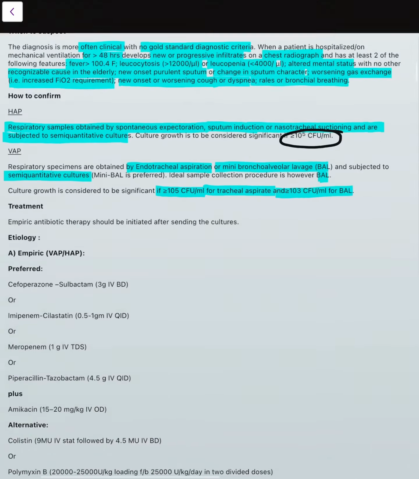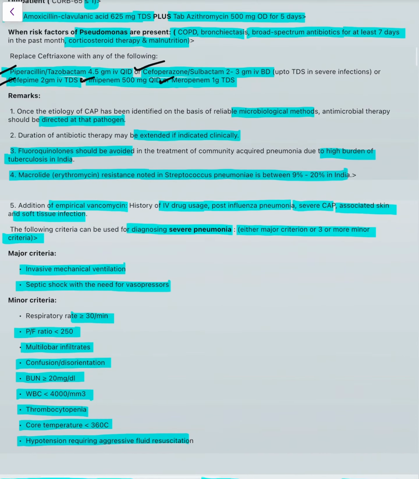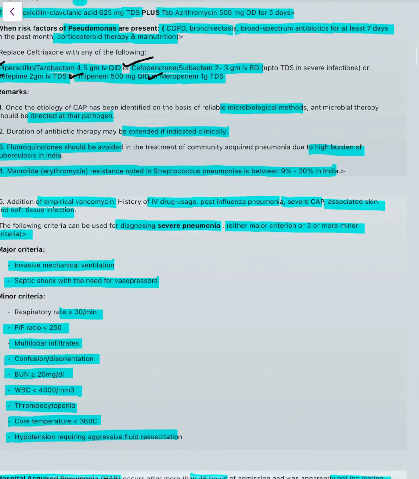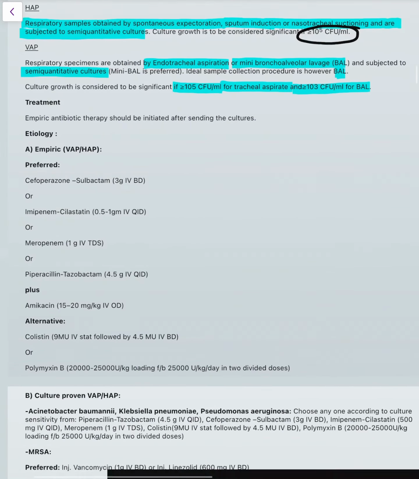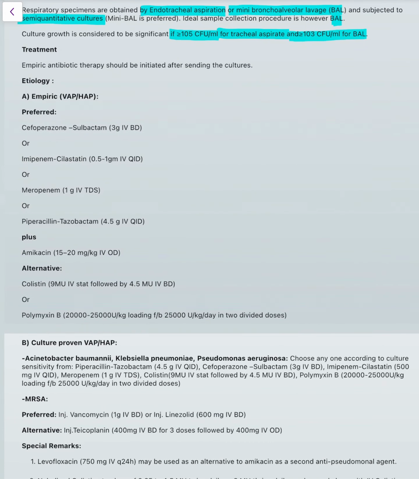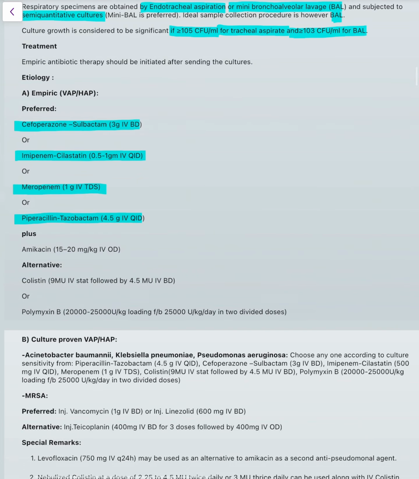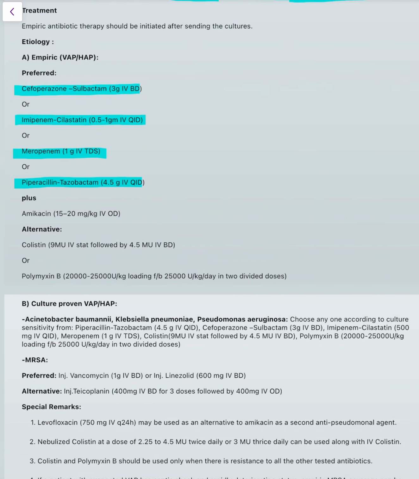Similarly to what we saw earlier, whenever you suspect Pseudomonas, the same antibiotics are given here. Piptaz, cefoperazone sulbactam 3 gram IV BD, imipenem cilastatin 0.5 to 1 gram 4 times a day, meropenem 1 gram 3 times a day. Now we have to add one more drug, that is amikacin, 15 to 20 milligram per kg IV once a day.